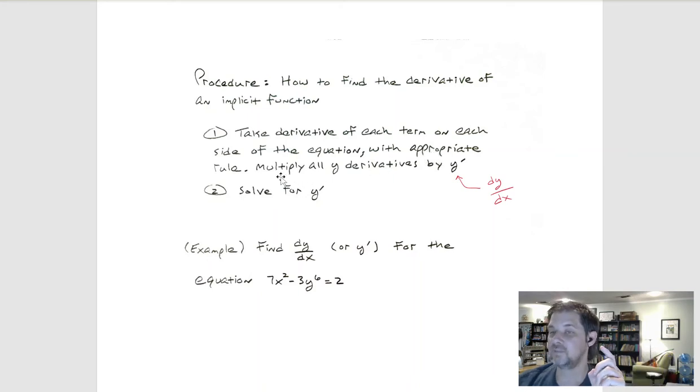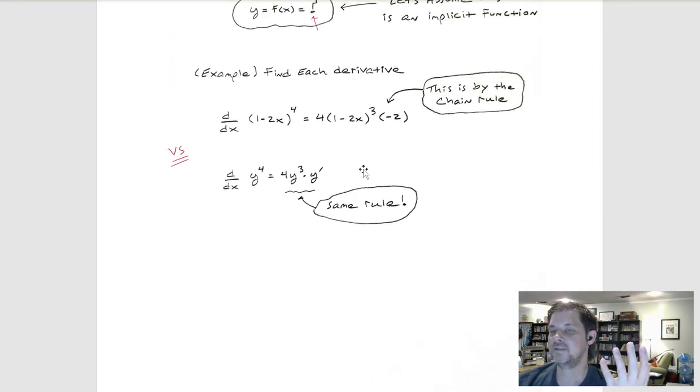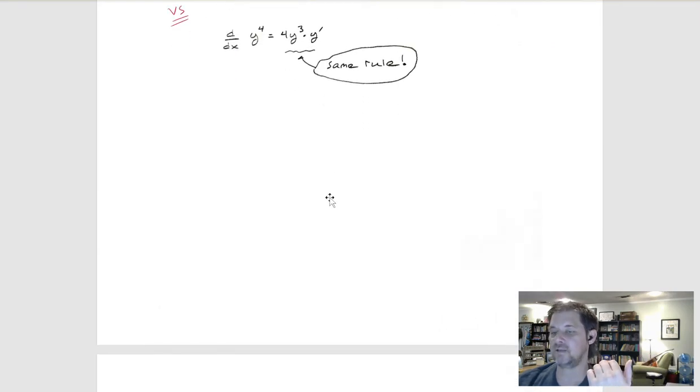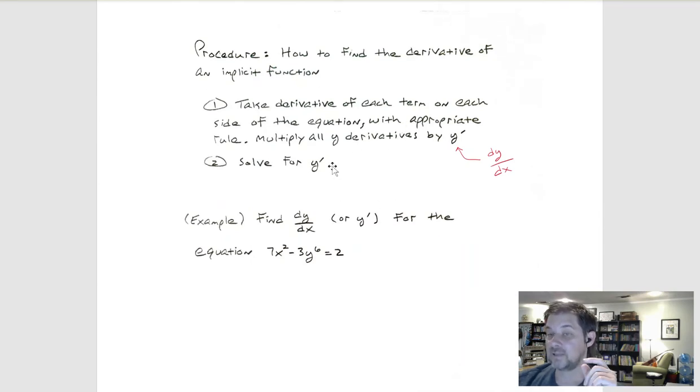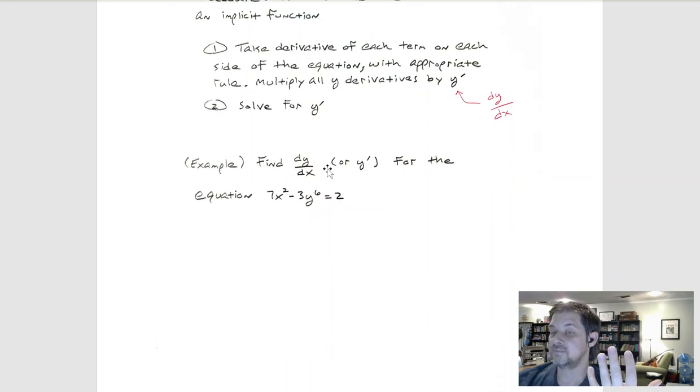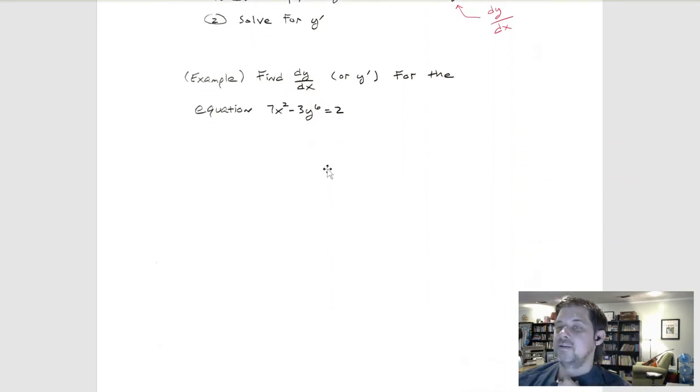But we multiply all y derivatives immediately by y prime. The reason we do that is because it's basically the chain rule. This right here, that's why we do that. So that's the first step, and then the second step is you solve for y prime, and then you know what the derivative is. Okay, so let's try that.